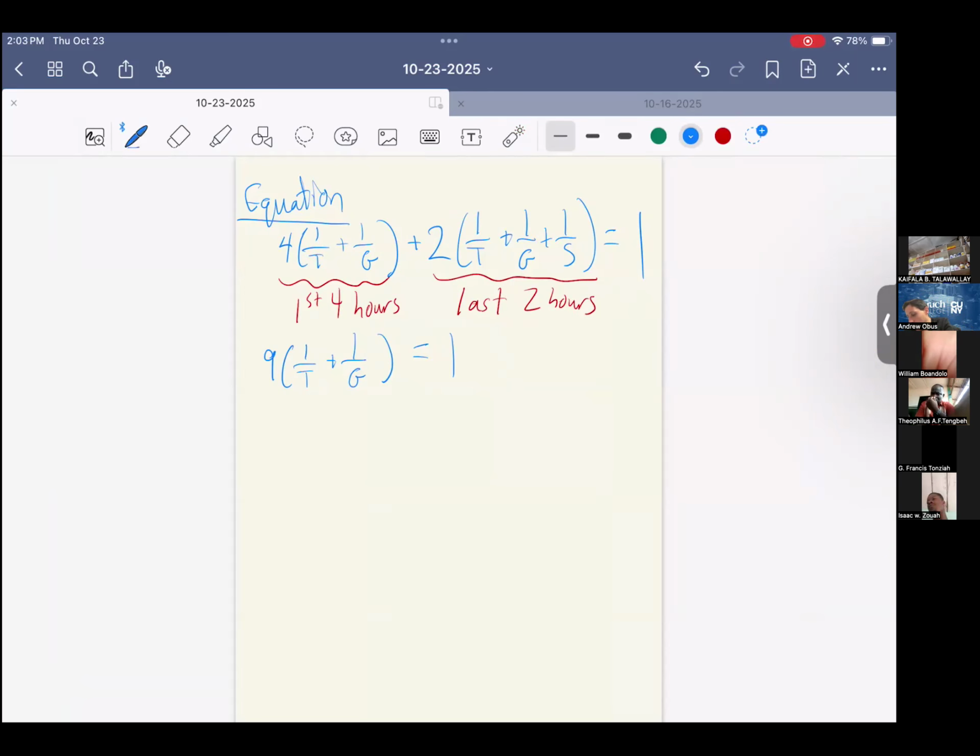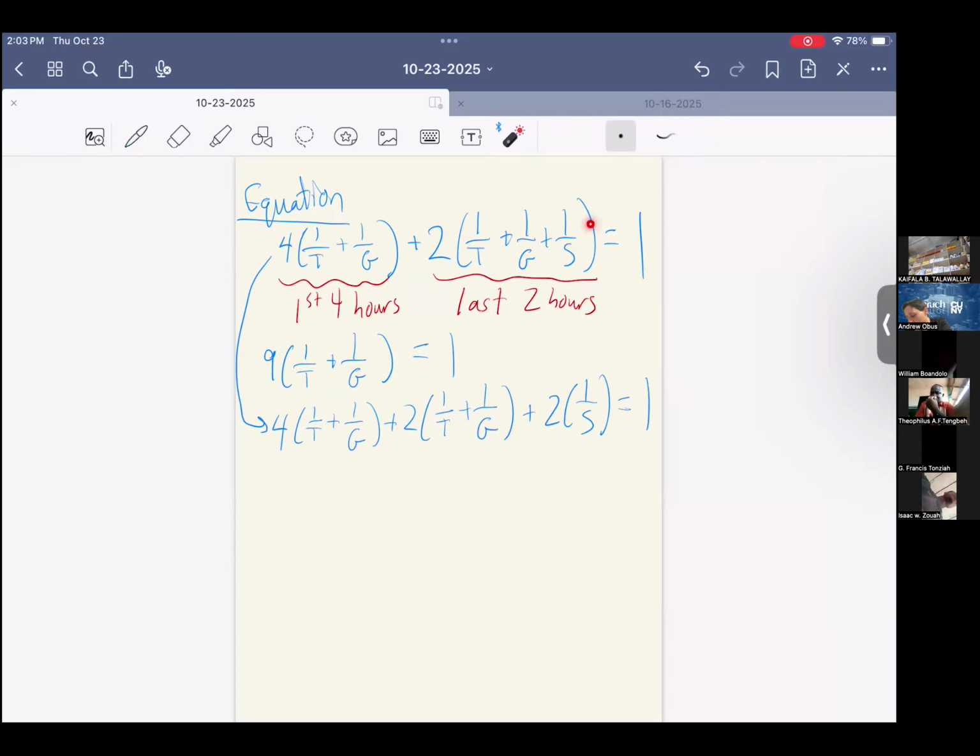So let me rewrite this equation, right? This is 4 times 1 over t plus 1 over g, and this is 2 times 1 over t plus 1 over g, and then 1 over s. So I'm just going to rewrite this as 4 times 1 over t plus 1 over g plus 2 times 1 over t plus 1 over g plus 2 times 1 over s equals 1.